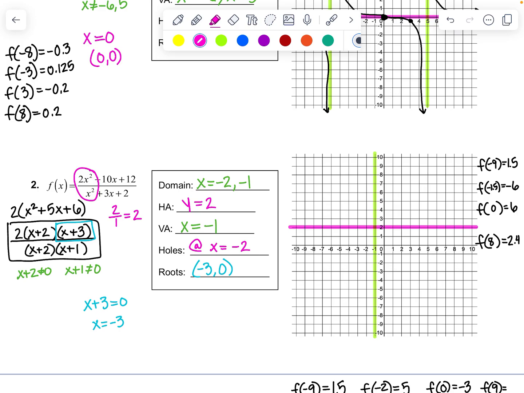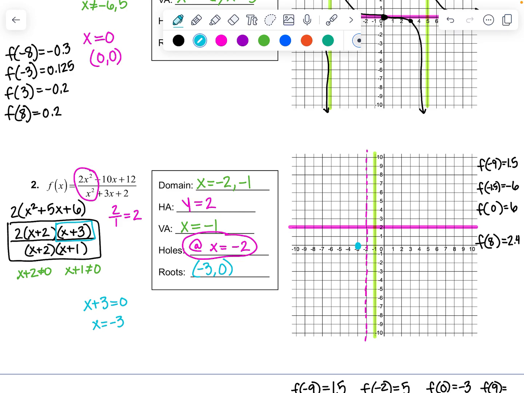When we go to graph the holes, I'm going to go ahead and put a temporary line at x equals negative 2. And the way I do that, I just put this dotted line so that I know when my graph approaches this, I will have to put a hole in its place. And we have our roots at the negative 3. And we are ready to plug in some points to graph.